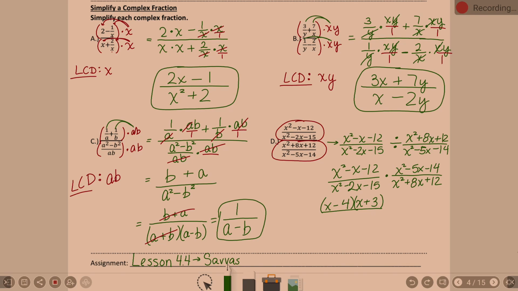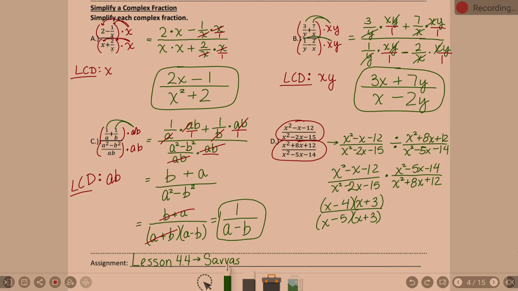Denominator, x squared minus 2x minus 15. X squared is x times x, multiplying to be negative 15, adding to be negative 2: negative 5 plus 3.